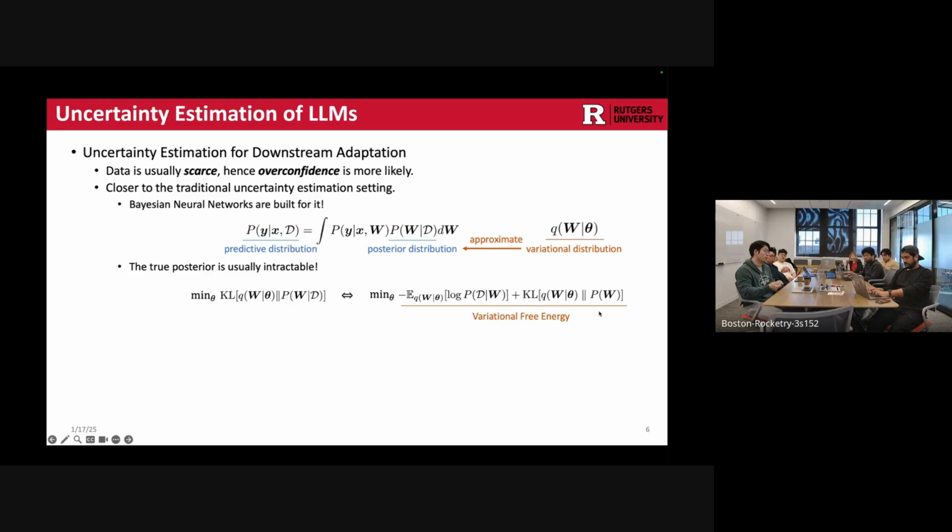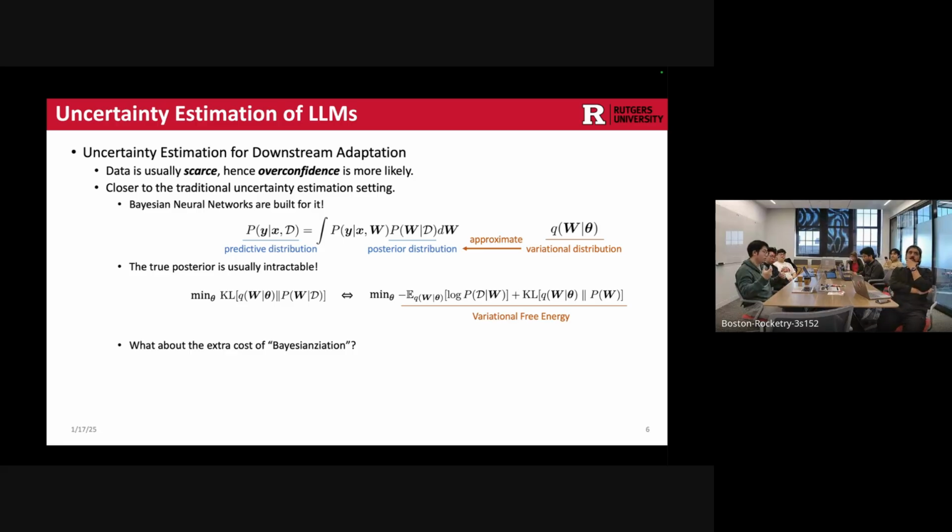In most cases it's a very simple Gaussian distribution, like a standard normal distribution or a Gaussian with a diagonal covariance matrix. This term represents that you don't want your model to get too overcomplicated and overfit to the data. You can think of it as a regularizer to keep the model as simple as possible. That's the explanation of the variational free energy.